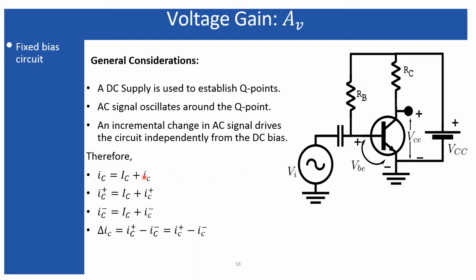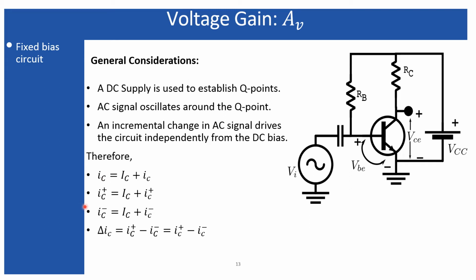So look at this expression, where the small letter followed by the capital letter represents the mix of AC and DC, the capital letter followed by the capital letter represents only DC, and the small letter followed by the small letter represents only AC. So obviously their summation is the AC and DC mix.